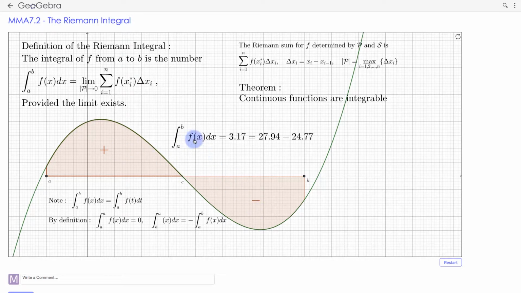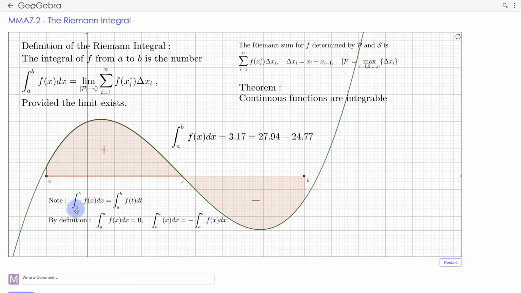So in this particular instance, it turns out that the integral is 3.17, and it can also be written as the positive part minus the negative part. It's not necessarily completely clear, but it turns out that this area here is slightly smaller than this area here.